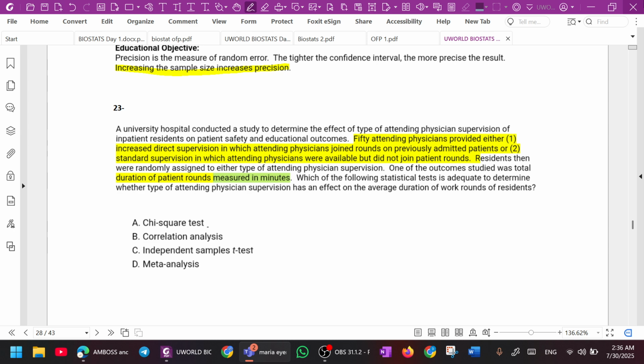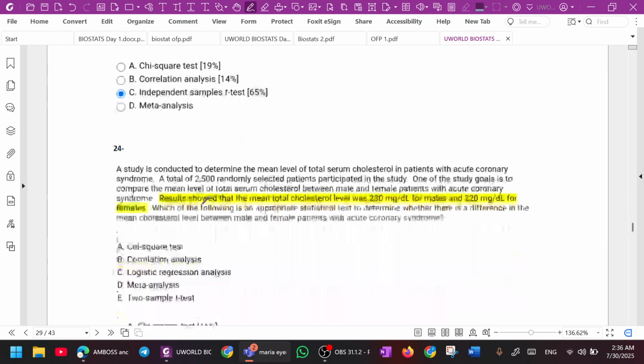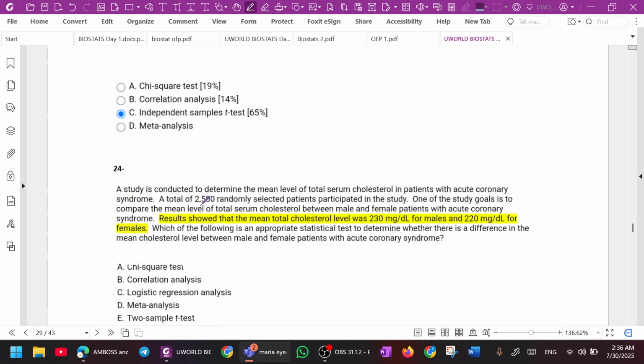A study is conducted to determine the mean level of the total serum cholesterol in patients with acute coronary syndrome. 2,500 randomly selected patients participated in this study. One of the study goals is to compare the mean level of the total serum cholesterol between male and female patients with acute coronary syndrome.